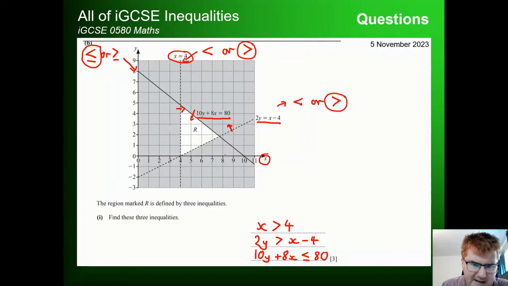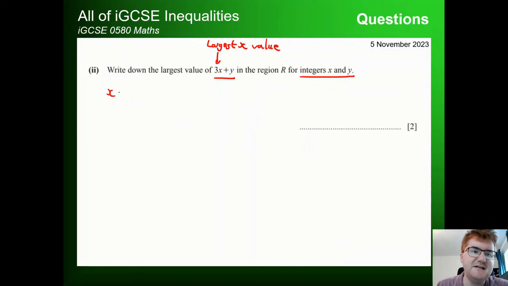Well, notice 8 just falls outside of this triangle, but 7 does fall within the triangle at this point here. So the largest x value within this triangle is at 7, 2. So this coordinate here is 7, 2. That fits into that triangle. So that's when x is 7 and y is 2.